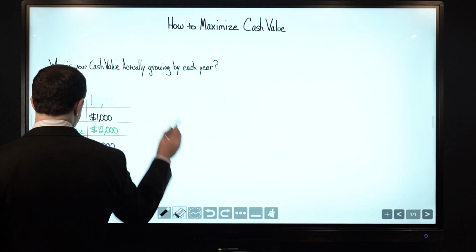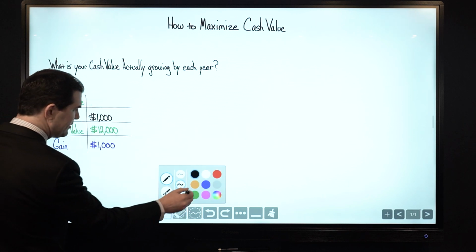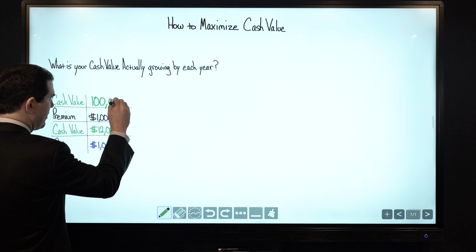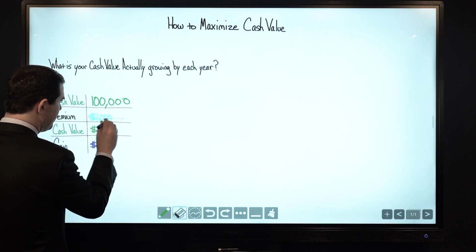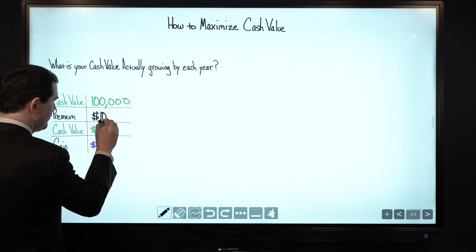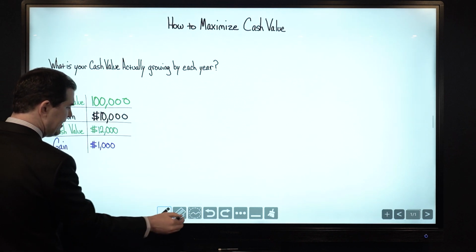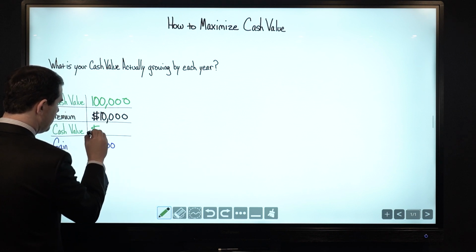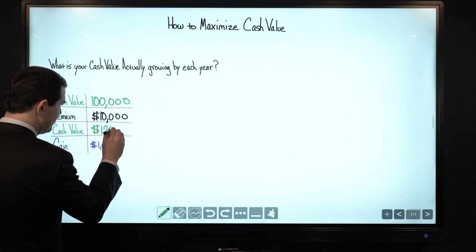Another example here, let's make this a little bit more extreme. Let's pretend that you had cash value of $100,000. So let's call it $100K. You elected to pay in $10,000 this year. So there's your payment. And the cash value the next year appreciates to $120,000.